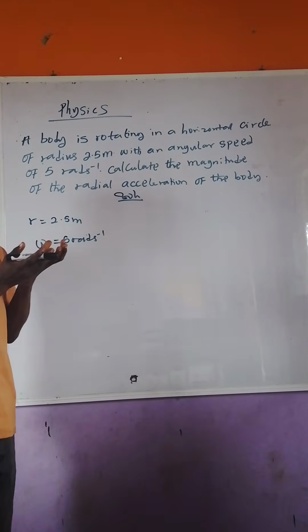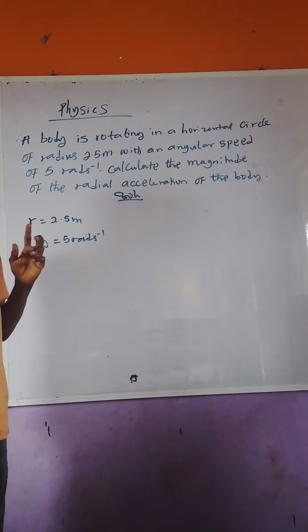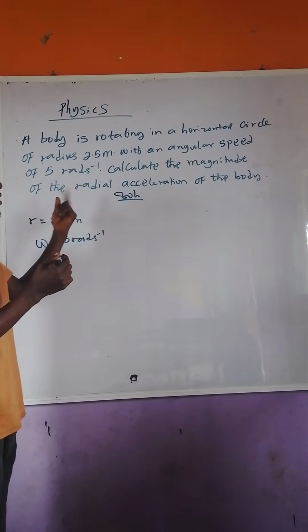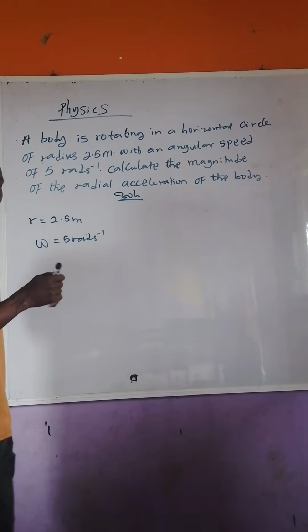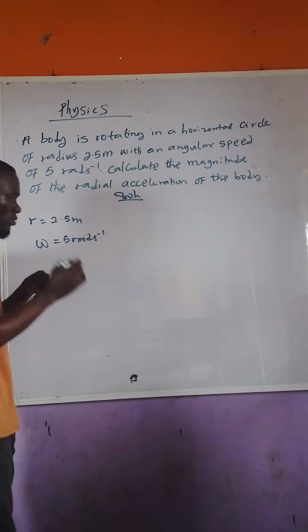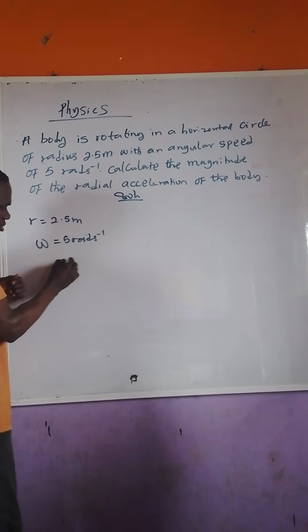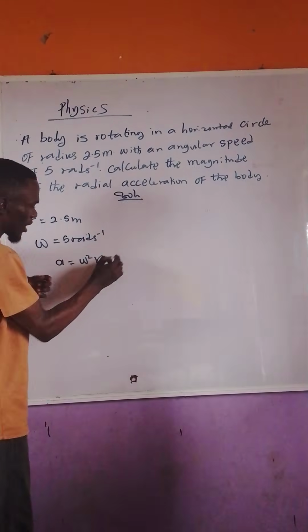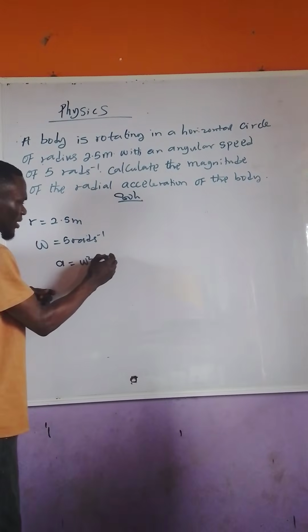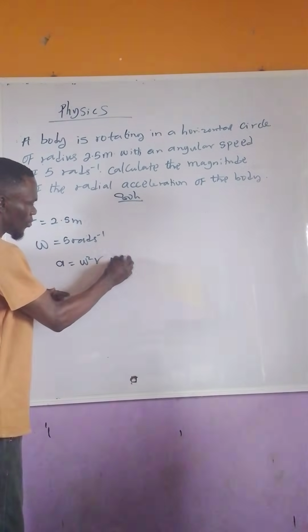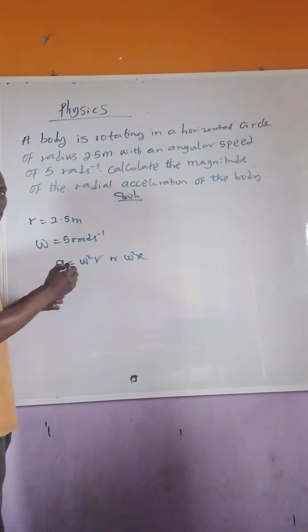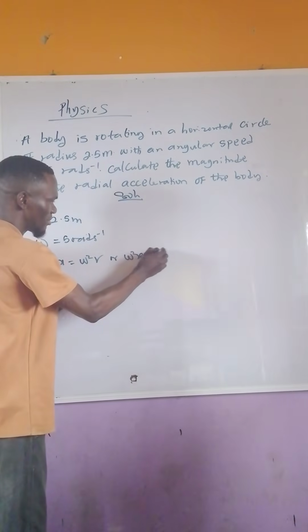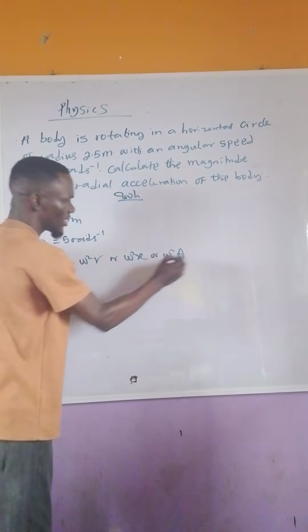Now, what formula are you going to use? It's actually very easy. You need to calculate the radial acceleration of the body. Just write it down: a equals omega square r. Or you can also have omega square x, or omega square a.